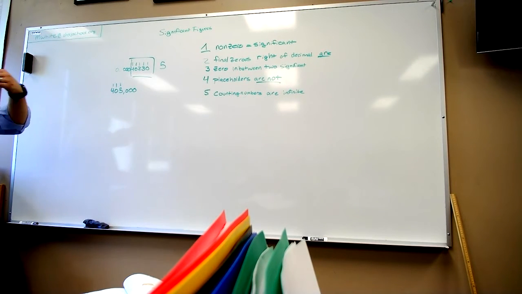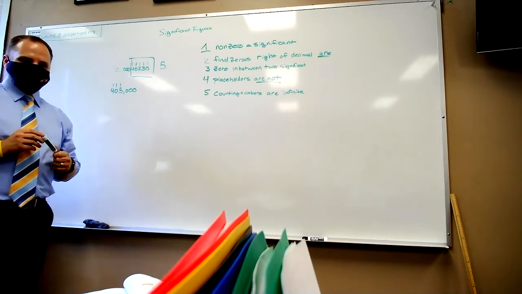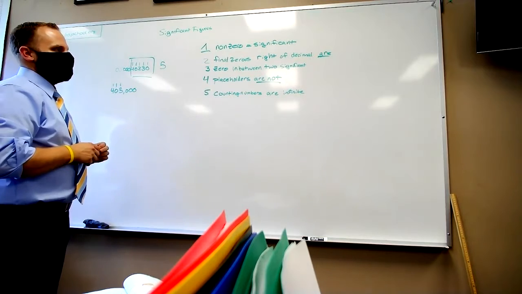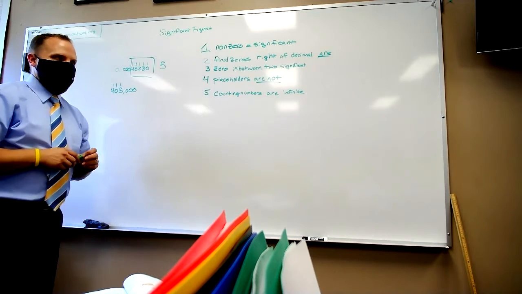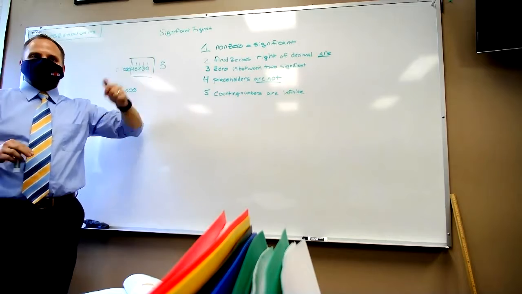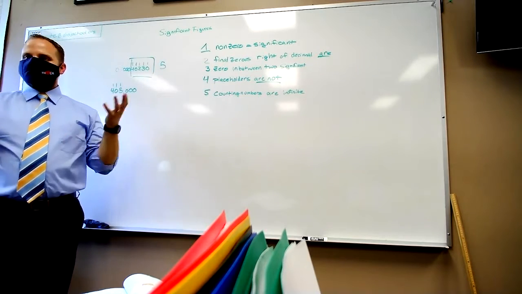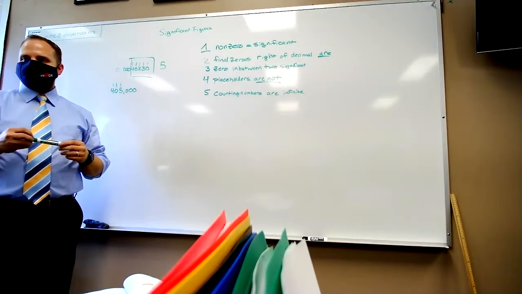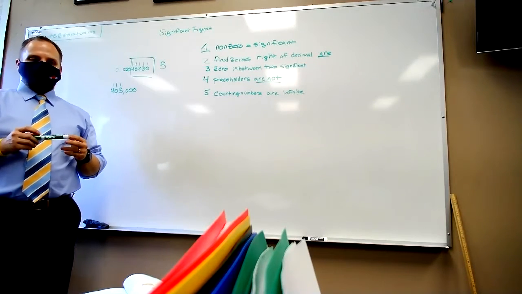It takes a little bit of practice to get comfortable. But like I said, it really is just a matter of doing some practice. It's nothing that is overly complicated. None of these rules are super long and drawn out and have multiple steps.